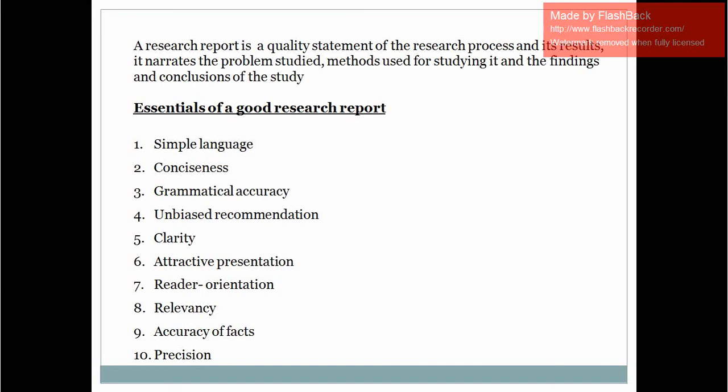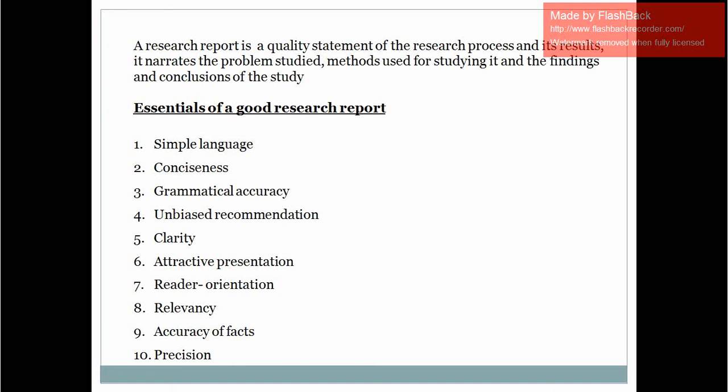Reader knowledge and level of understanding should be considered by the writer of the report. Next point is relevancy. The facts presented in the report should not only be accurate, but also at the same time relevant, and irrelevant facts make a report confusing and likely to be misleading to make a proper decision.